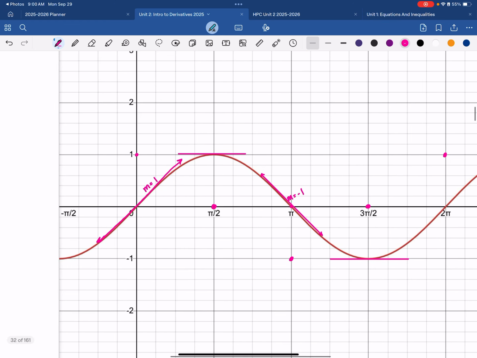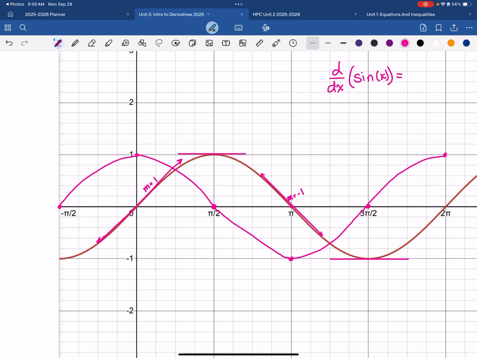At negative pi over 2, I have another slope of 0 for that tangent line. And so what we see, based off of our tangent line approximations, is that the derivative of sine is actually cosine. So I'm just going to write that up here for right now. The derivative d dx of sine of x is equal to cosine of x.